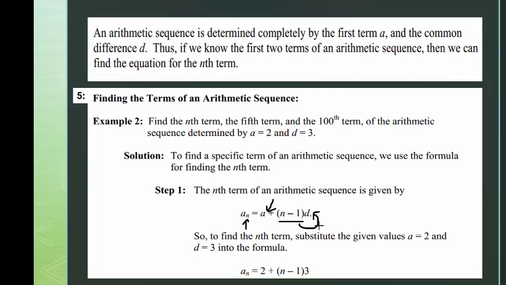So here, to find the ninth term, you will begin with a, which is here equal to 2. Then adding to it n minus 1 multiplied by the common difference of the sequence, which is here 3.